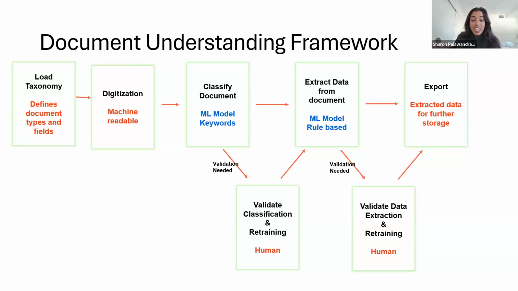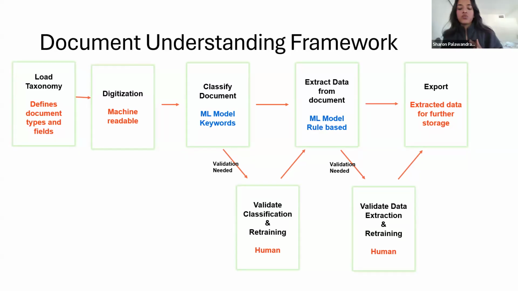This is a structure for how you extract or classify, or extract and classify, document types within the UiPath Document Understanding Framework. Here you see load taxonomy, digitization, classify, extract, export, and at the bottom, validate and retraining with human in the loop.